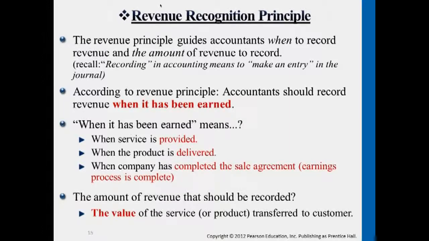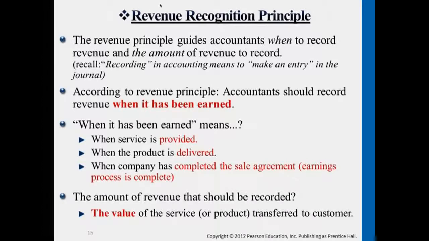Basically, what it means is that any type of transaction that relates to revenue is always recorded on the date that the responsibility from the corporation's side is fulfilled. The inventory, the goods, the products are delivered to the customer, or the service related to the contract that you signed with your client is already fulfilled.